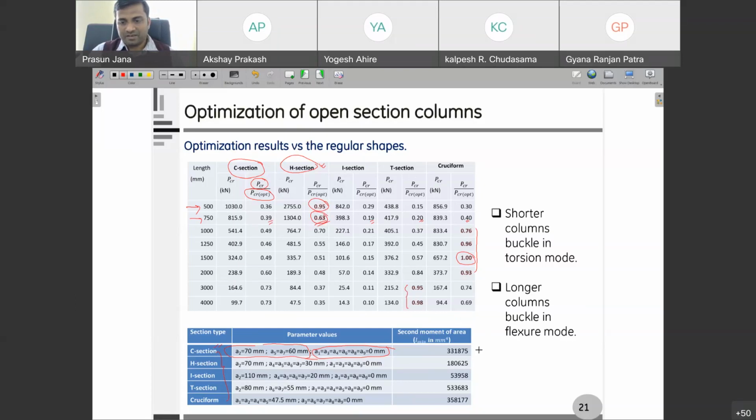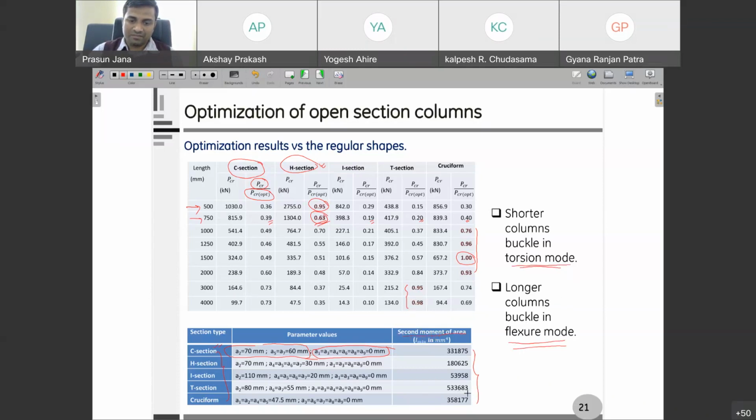And we can get some idea of why this is happening from here. When you have longer length, it buckles in flexure mode, and shorter columns buckle in torsion mode. Flexure mode mainly depends on the minimum second moment of area, because the Euler buckling formula will work.